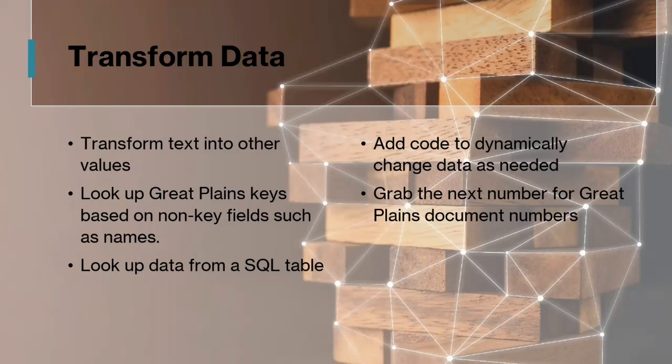So gone are the days of having to make sure a customer code exists inside Great Plains before you try and integrate that data into the system, and then making sure that the data coming in with whatever file you're trying to integrate matches what you have in Great Plains. Greatly simplifies that process.